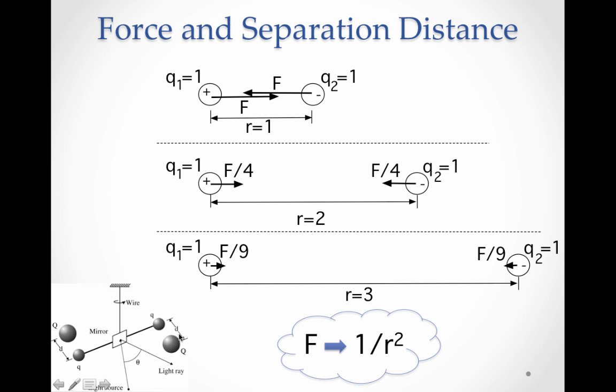That's this distance right here between Q1 and Q2, and it's identical on this other side. Now we're going to move this Q so it's twice as far away, and we're going to move this one so that it's twice as far away. And so we've increased the radial distance, we've doubled it.